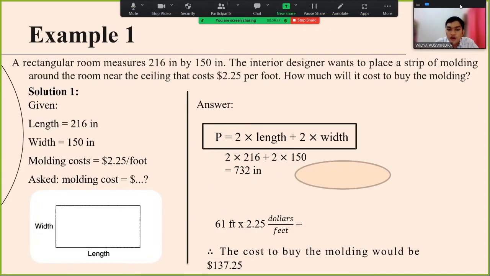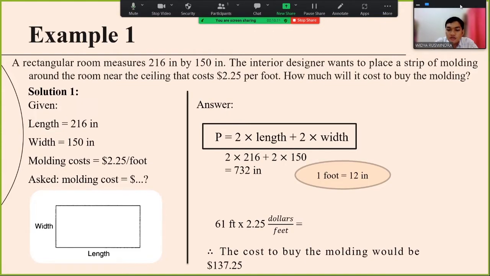Okay, for the answer, we know the formula for perimeter equals 2 times length plus 2 times width. The length is 260. So 2 times 260 plus 2 times 150 equals 732 inches.